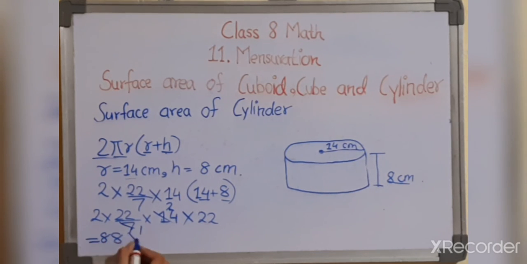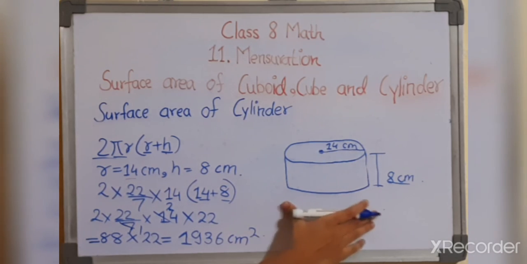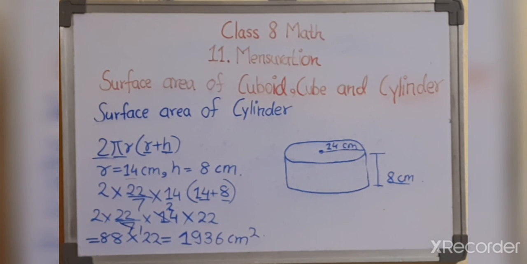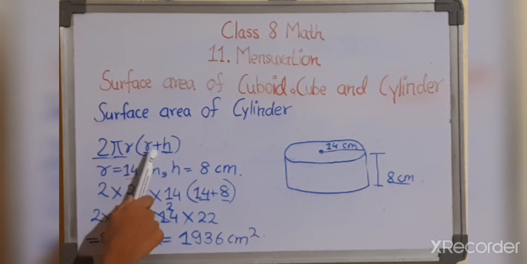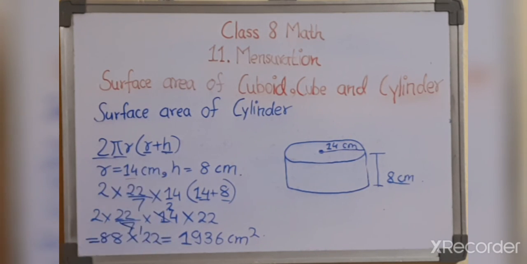So 88 into 22, which is equal to 1936 centimeter square. So this is the surface area of this cylinder. So the formula here is 2 pi r in bracket r plus h. So this is how we find the surface area of cuboid, cube and cylinder.